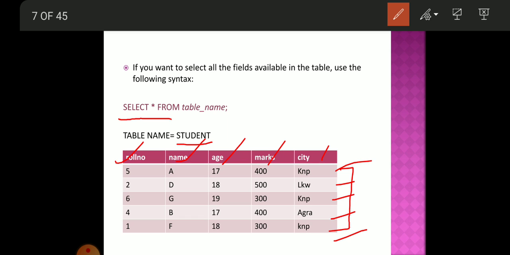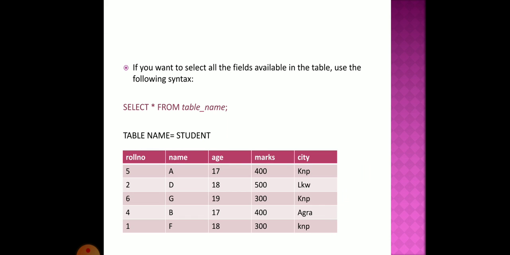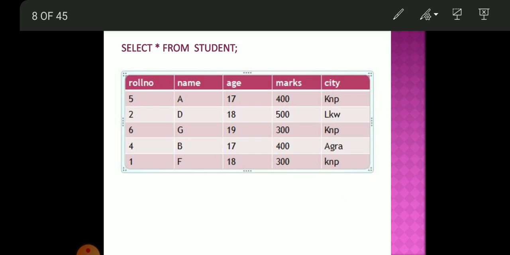When you execute this query it will display all the data present in this table, okay? And the table will look like this. See, here you have written the query select star from student, and when it is executed, it will show this result, right? So like this the select command works.